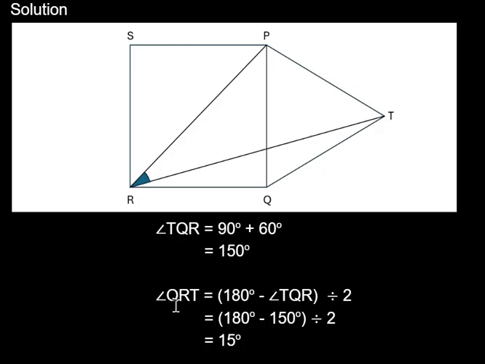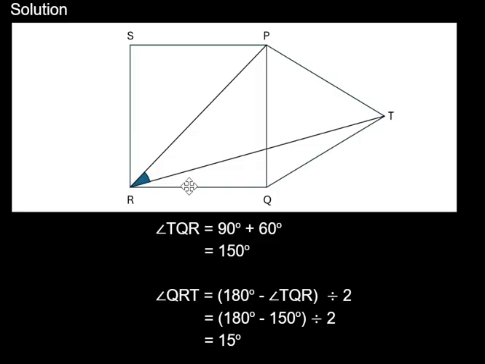Next, angle QRT, which is this small angle here, is 180 minus TQR, the whole thing divided by 2. So you take the angle sum of a triangle, which is 180, minus this big angle. Whatever is left over, you divide by 2 because it's an isosceles triangle, and you get the angle QRT, which is 15 degrees.